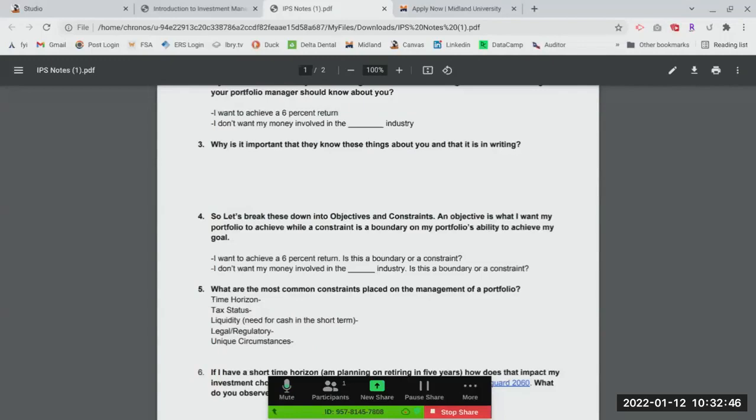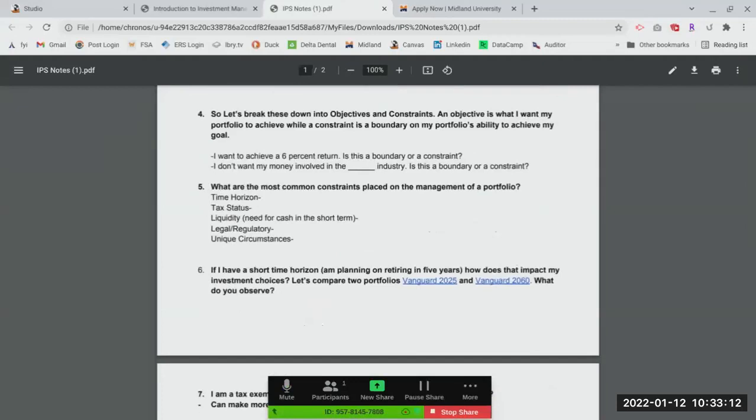It's important that it's in writing because it creates a legal obligation. So you'll see a lot of financial advisors don't like to do an investment policy statement because if anything ever happened, you could go to court and say it's right here in the investment policy statement. But if they don't have that, then they can say I didn't know. So that's why for you, it's very important for it to be in writing.